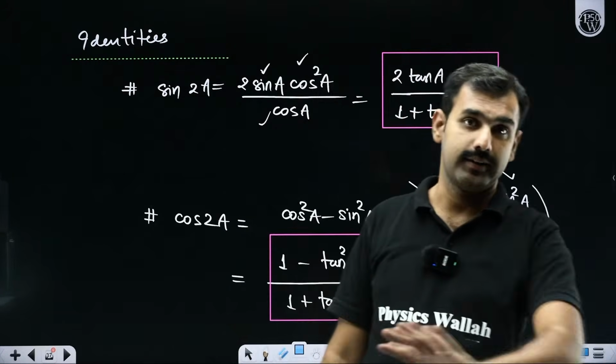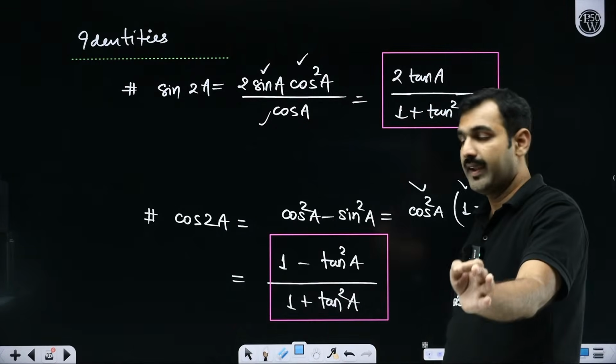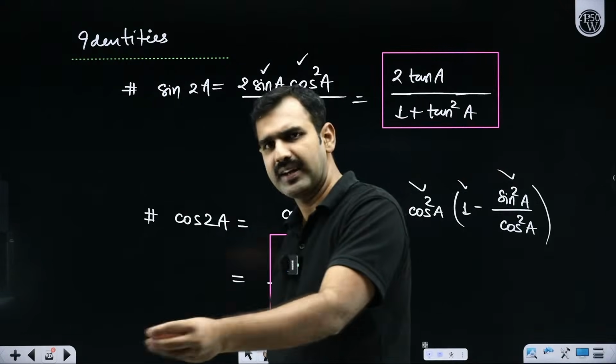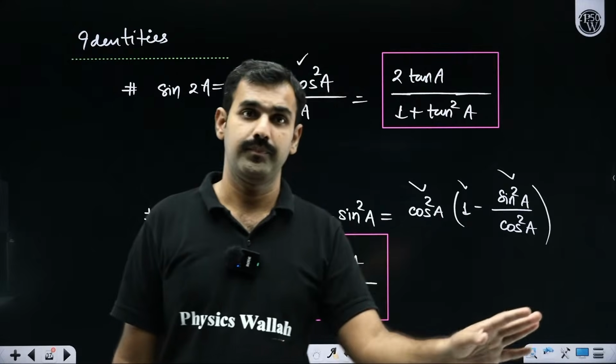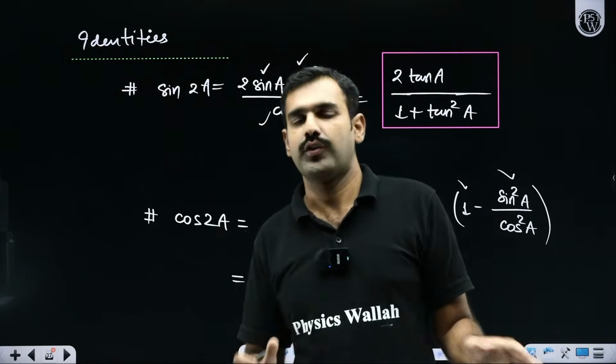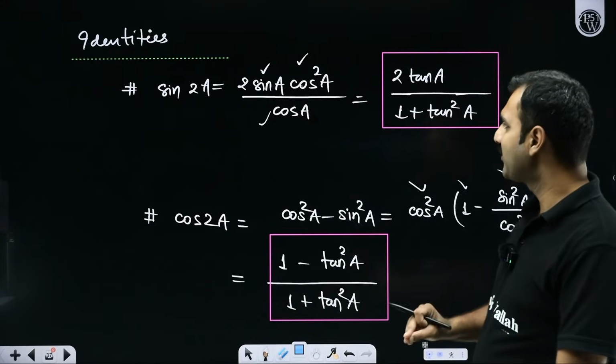If you remember sine A plus B, sine A cos B plus cos A sine B, cos A plus B, cos A cos B minus sine A sine B, you're done. I have really done nothing else.